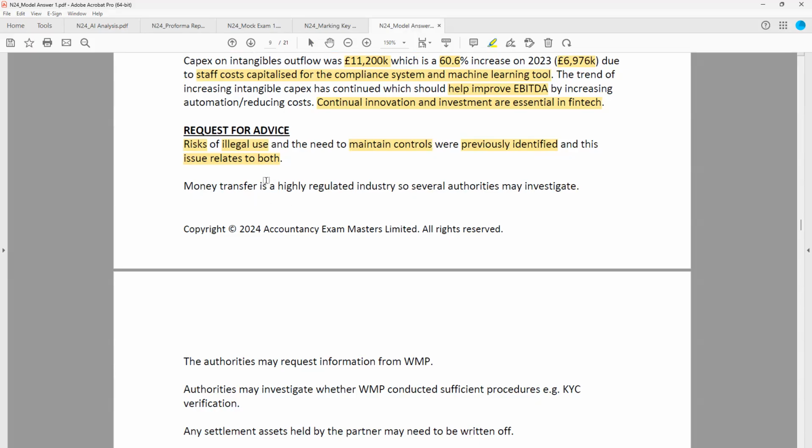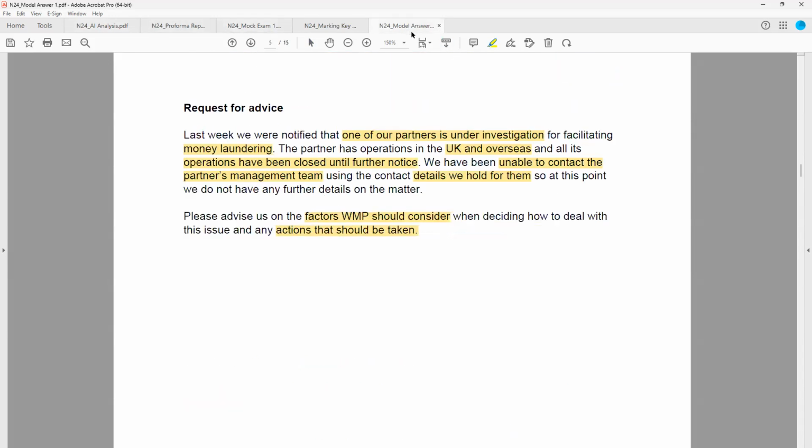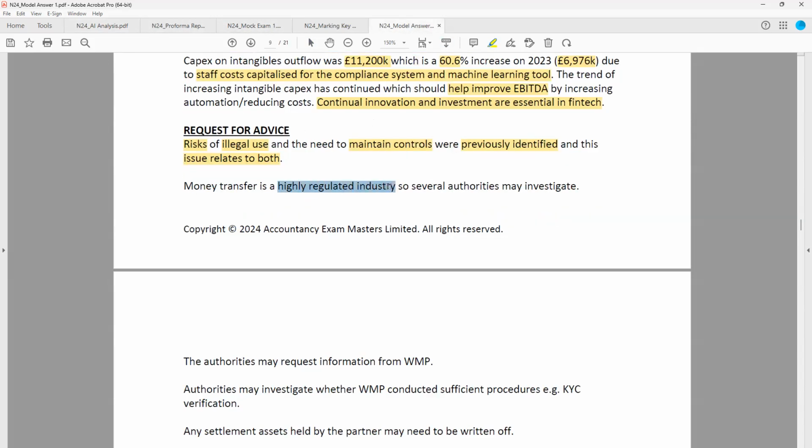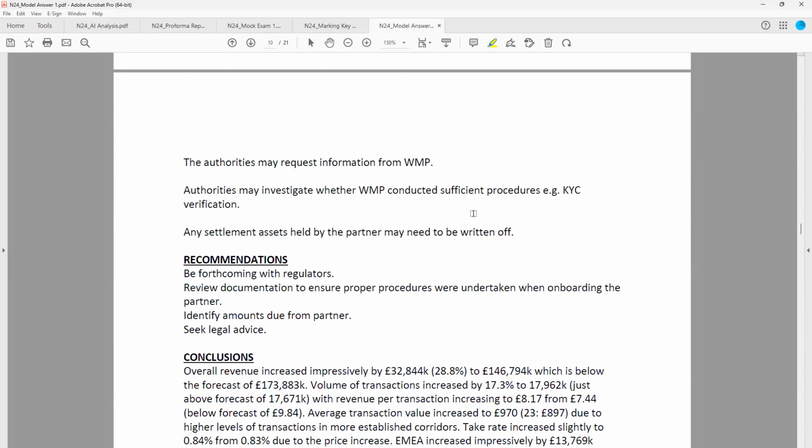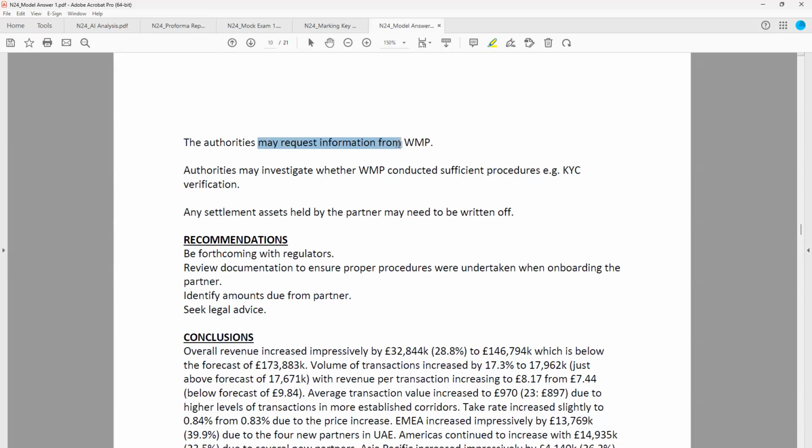So then, what are the main issues and factors that they should consider? Well, it's highly regulated, so several authorities may investigate. They may request information from WMP, and may investigate whether WMP undertook sufficient procedures, such as KYC verification.